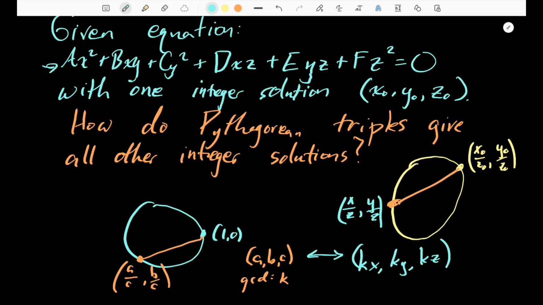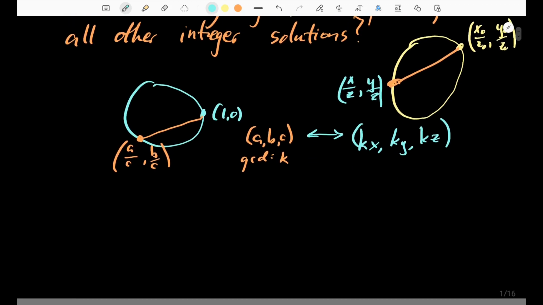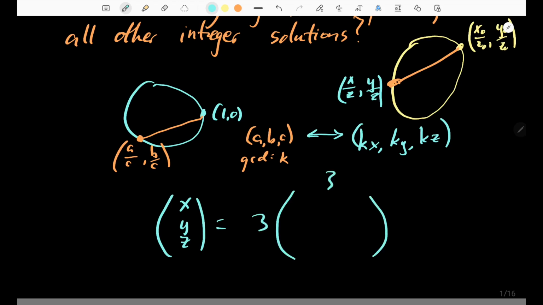And like we said at the very end of that last video, it takes a little bit more effort, but you can show that this correspondence is actually just given by XYZ is some 3 by 3 matrix times ABC, or almost anyway. It might happen that you have to take out a common factor. Like you could start with a primitive Pythagorean triple, but there might still be a common factor in XYZ you have to take out. But otherwise, this correspondence really is just matrix multiplication.